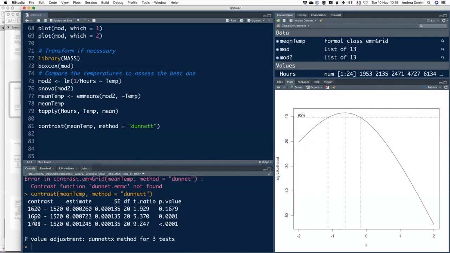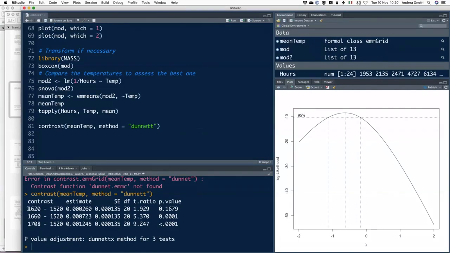So what do we see here? We see that the first contrast, 1620 and 1520, is not significant, while the other contrasts are significant. So how do we conclude?